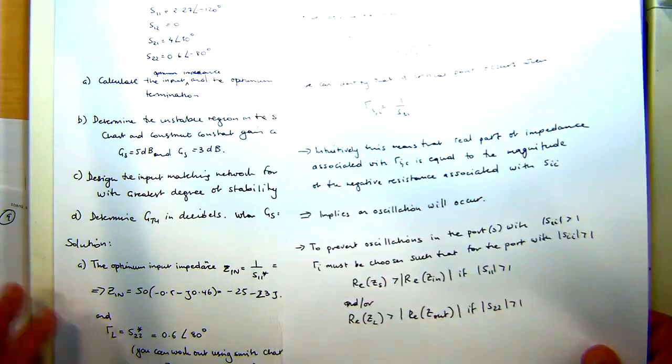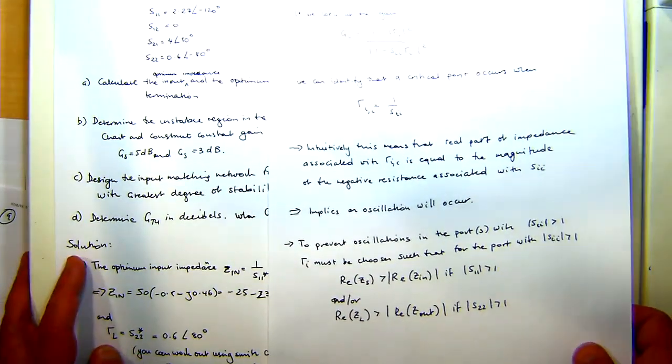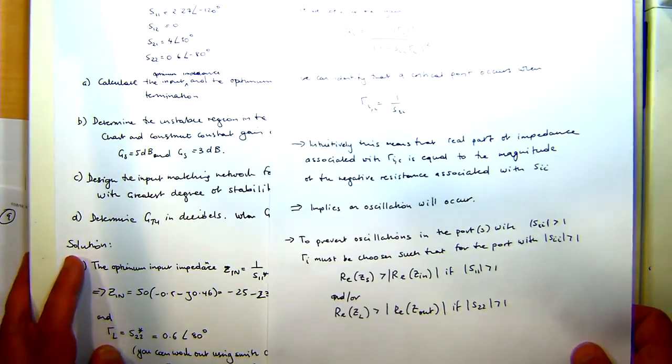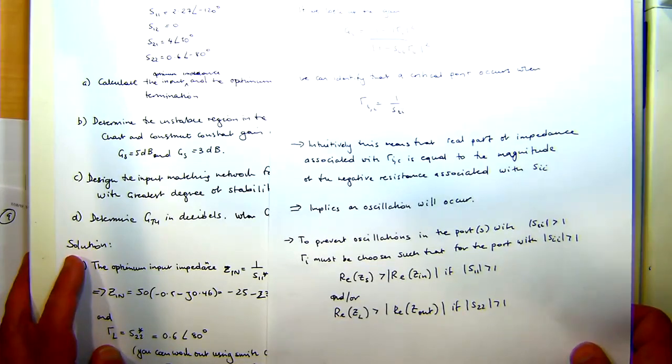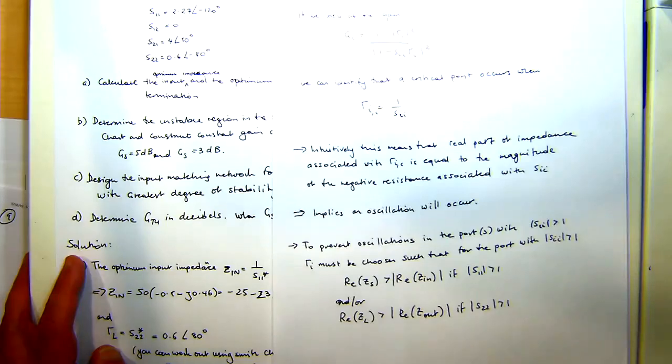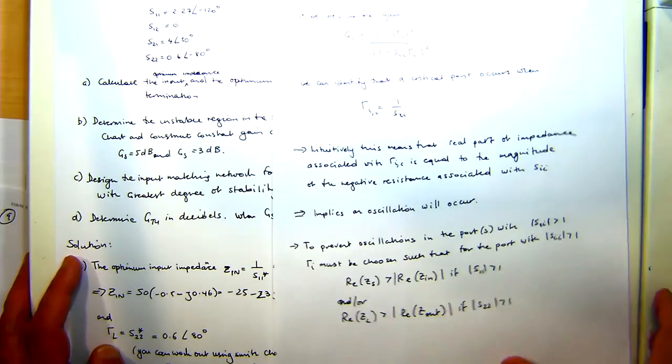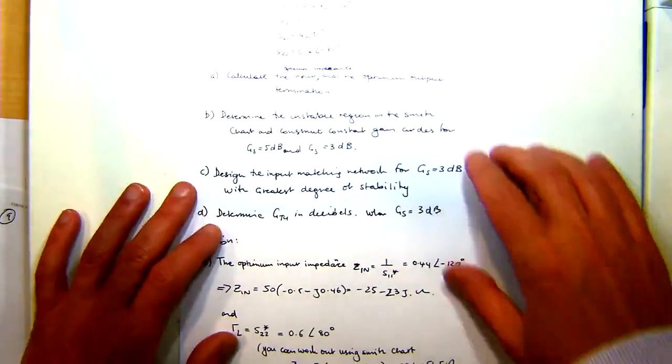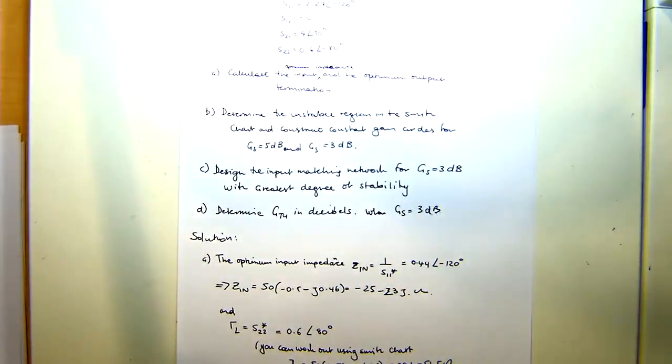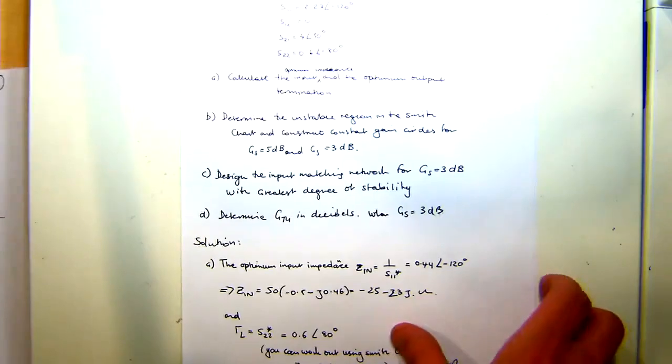Is it going to be 1 on, or is it going to be S conjugate? And why? Right, it's less than 1, so if it's less than 1, it doesn't have a critical point, so it's just the conjugate. If it's greater than 1, it's 1 on S11, right? Okay. So we've gone through, let's now go through these calculations.